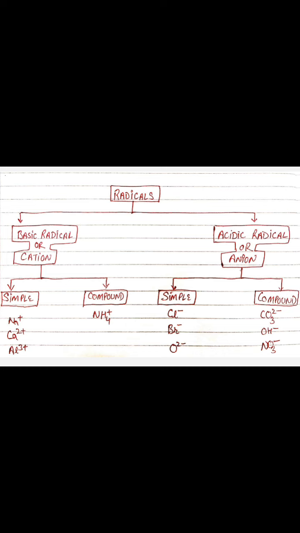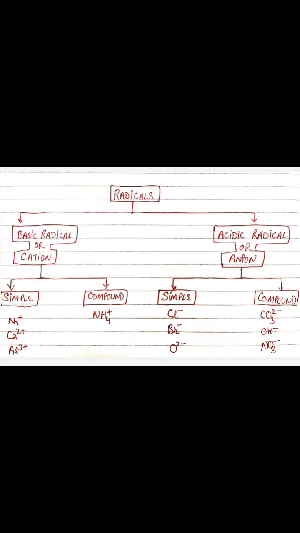There are two types of radicals: acidic and basic, or anion and cation, with further classification based on the number of atoms present in one radical. That is about the classification of radicals.